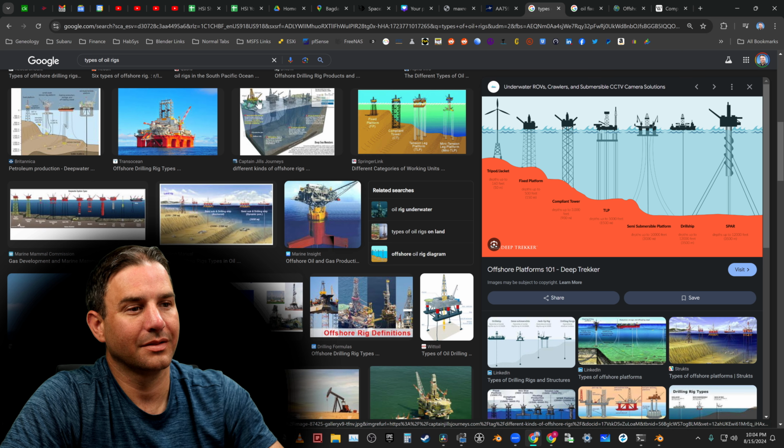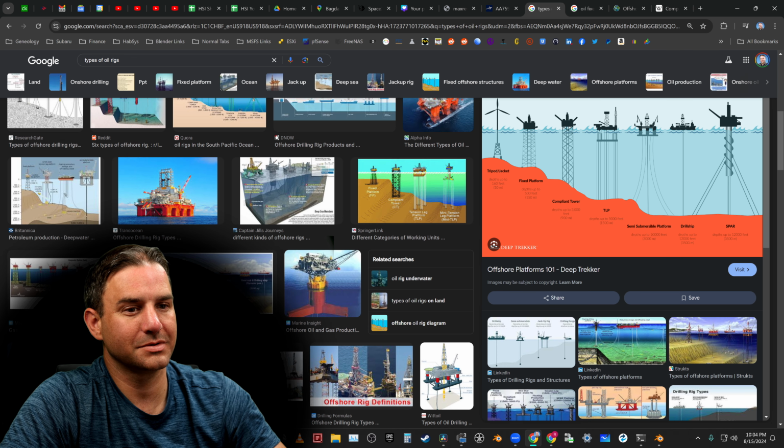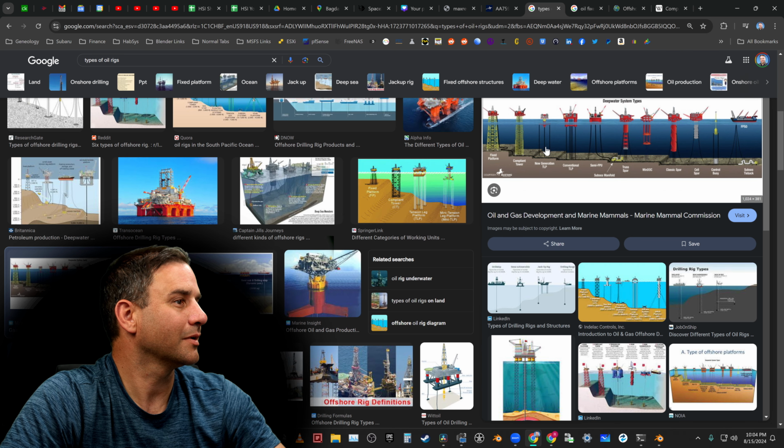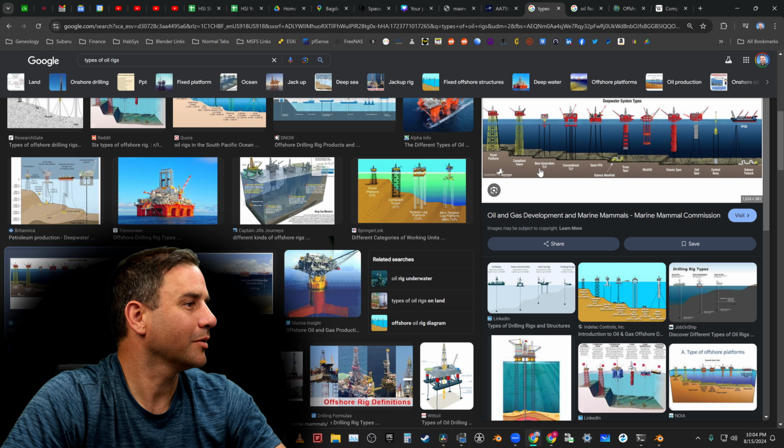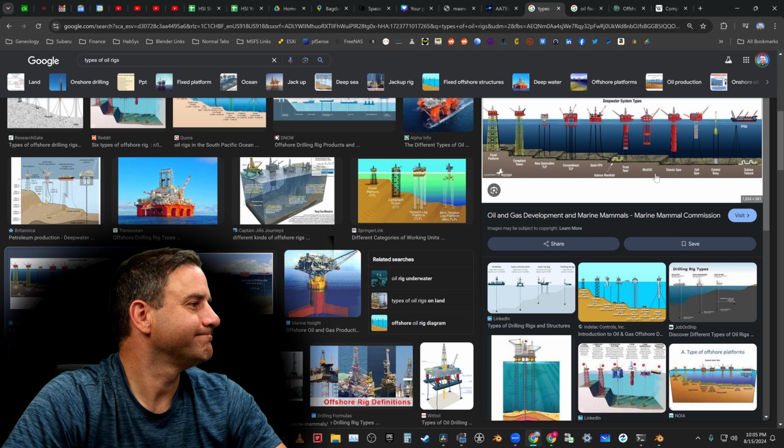So let's take a look at some of these other diagrams we have here. Fixed platform, compliant tower, tension leg, conventional tension leg, truss spar. These are cool. Wow, mini DOC, classic spar, cell spar.